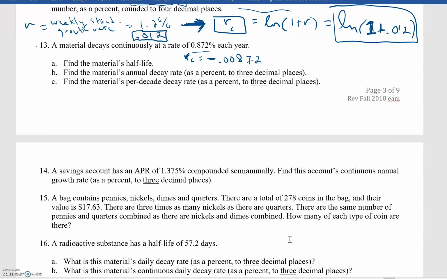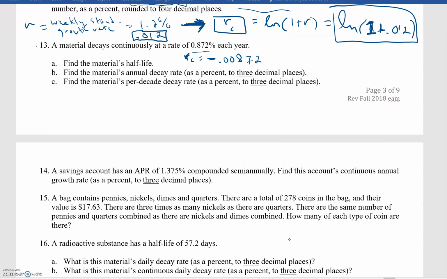So be careful about that, because everything's going to be phrased in terms of this continuous growth rate, but since it is actually decaying, I've got to change the sign of this. That would be a very common mistake to make, is to forget to change that sign, in addition to turning it into decimal form, non-percent form.